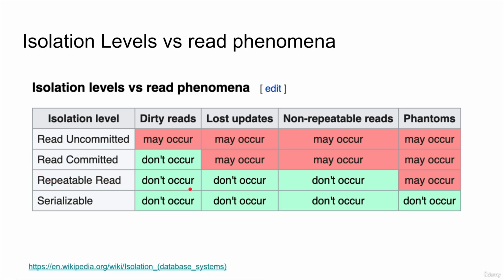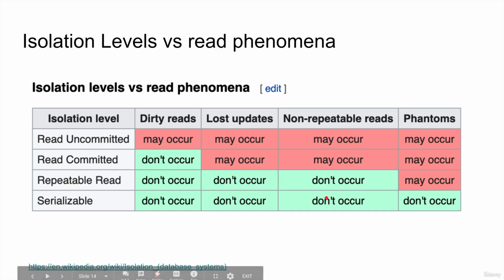Repeatable read, you're not going to get dirty reads because we're reading only committed stuff. But in addition to that, we're only reading committed stuff as of the beginning of the transaction. So you're not going to get non-repeatable reads.